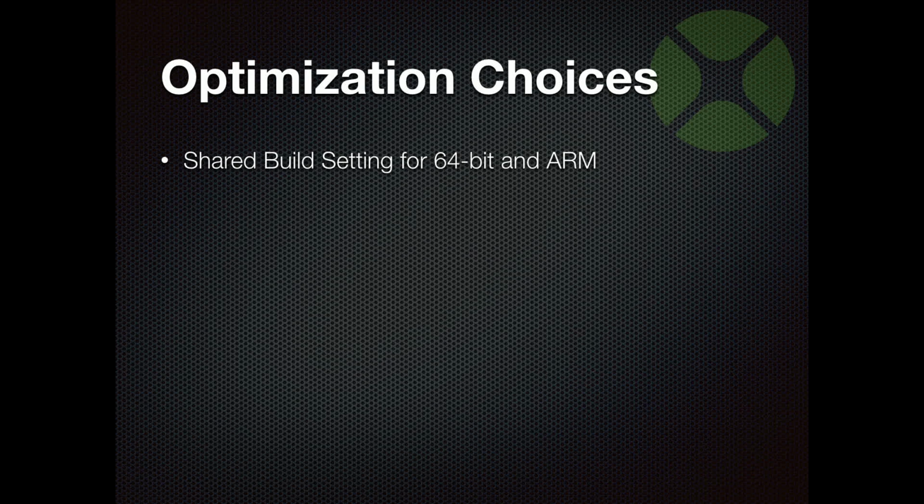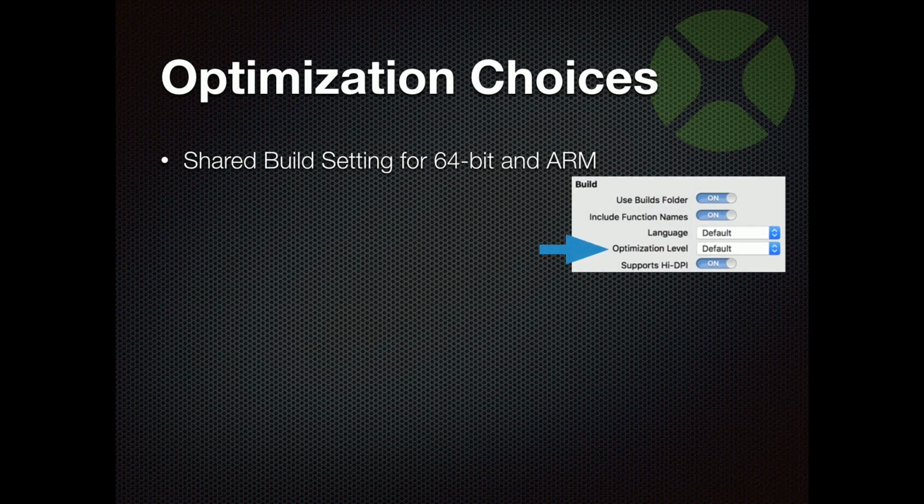Obviously, we go with the default one because that is the one that has the fastest compiles. And there are two other options. You can go with moderate, which improves math performance, but the compile time does slow down a little bit. And then you can go with aggressive. And who doesn't want to have aggressive code? I mean, we all do. And this is going to provide the best math performance, but compile times can slow down a lot.